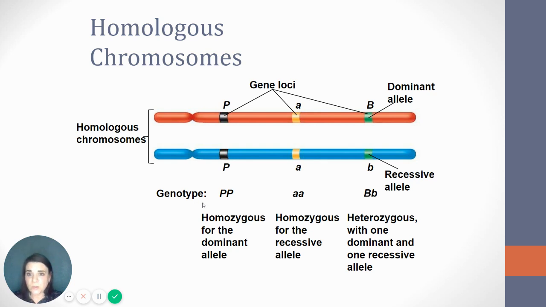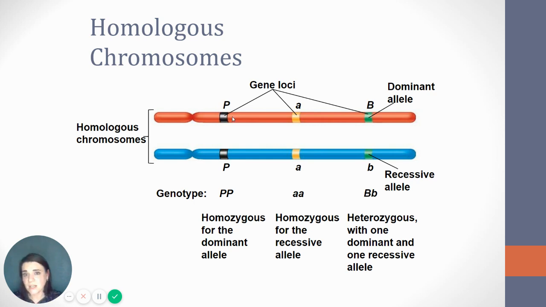So your genotype is referring to what is in your genes. These letters indicate dominant and recessive. A capital letter indicates a dominant trait. And we saw that a little bit in that chart with Mendel's pea plants. Purple was the dominant trait over white.